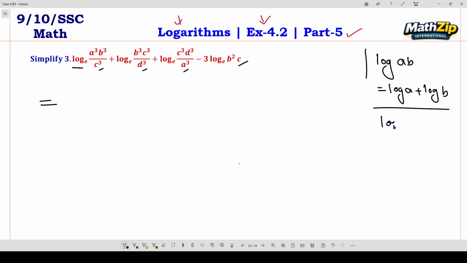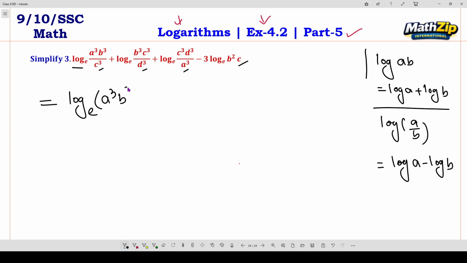Similarly, log of a by b means log a minus log b, right? So here it is a similar thing, a by b means division: log base e of a cube b cube minus log base e of c cube.